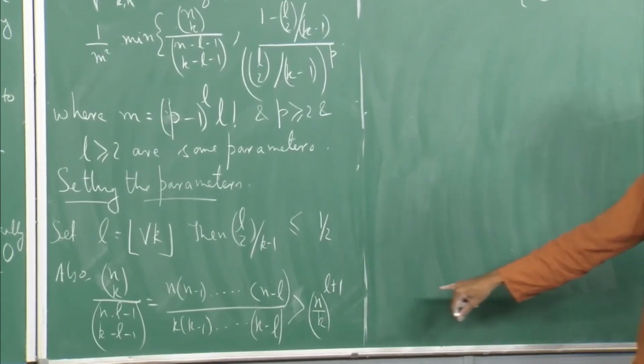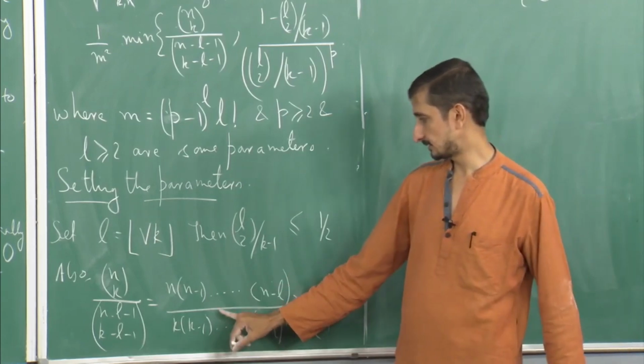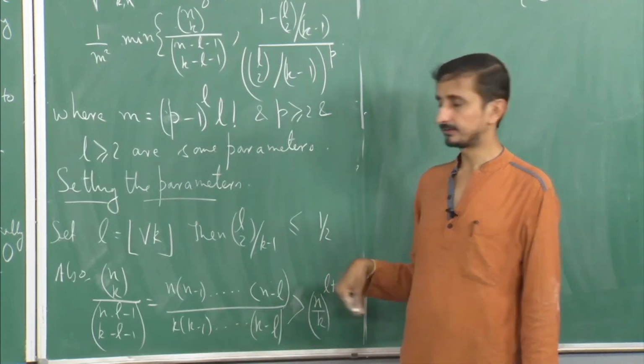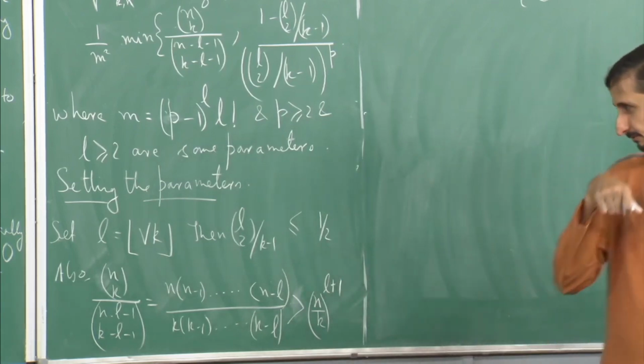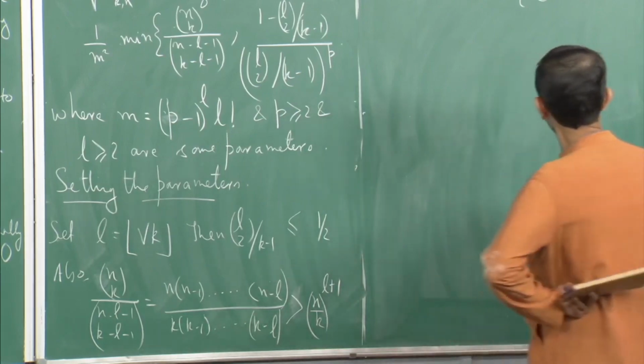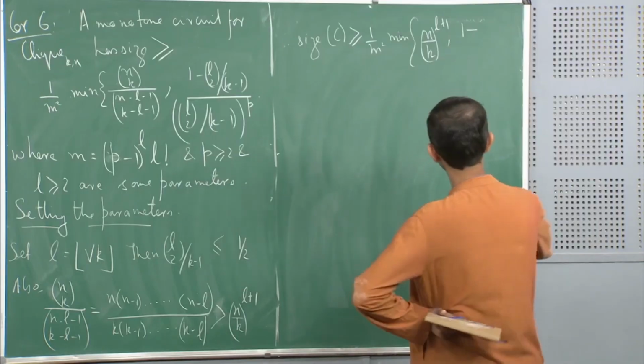Yeah, so this is what you can prove, that each of these n minus I by k minus I is greater than n by k. Yeah, you can just try that as an exercise. Check it out, it's simple. Okay, so this is the thing. Yeah, now it is clear.